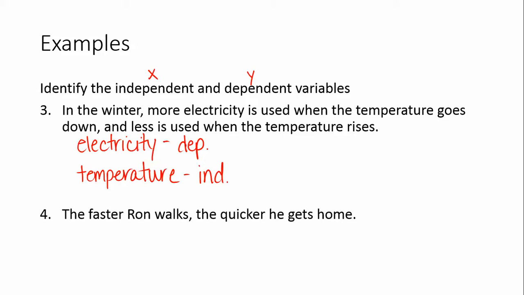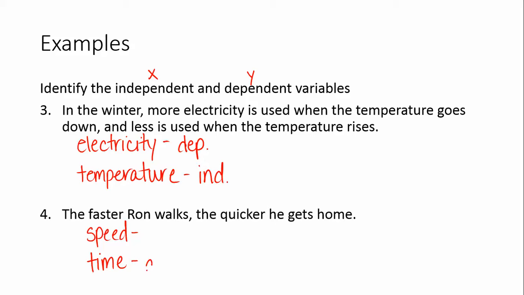Example 4, we have that the faster Ron walks, the quicker he gets home. So the faster Ron walks, the quicker he gets home. We're talking about Ron's speed versus the time it takes him to get home. So if the faster he walks, the quicker he gets home, the time it takes him is dependent upon his speed.